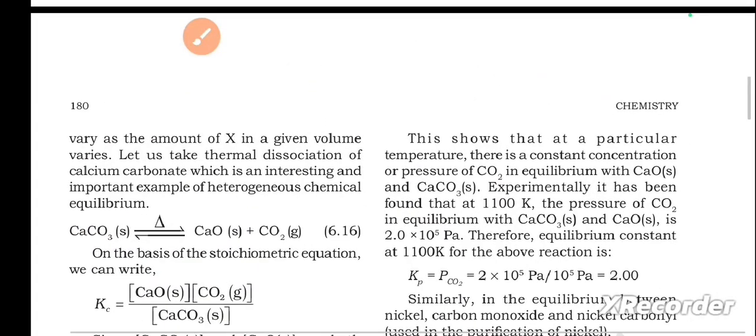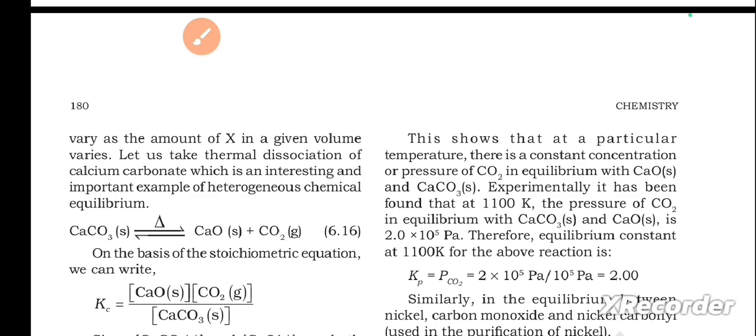This shows that at a particular temperature, there is a constant concentration or pressure of CO2 in equilibrium with CaO and CaCO3. Experimentally, it has been found that at 1100 K, the pressure of CO2 in equilibrium with CaCO3 and CaO is 2.0 × 10^5 pascals.